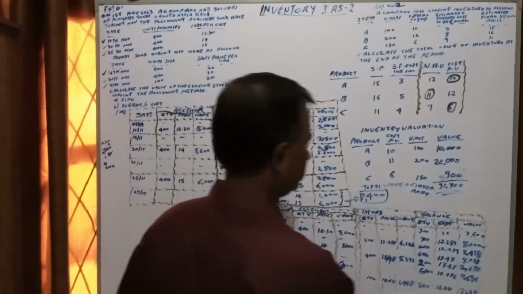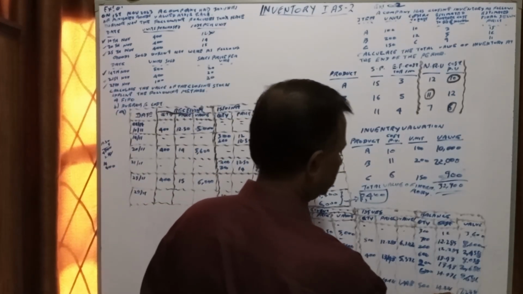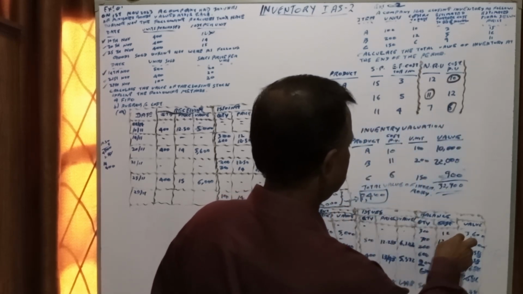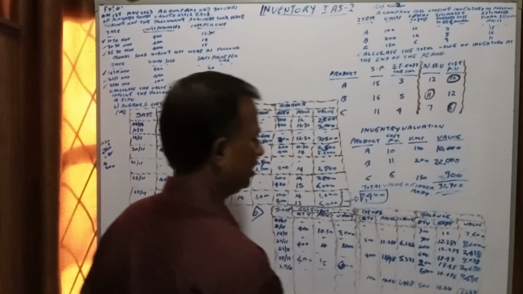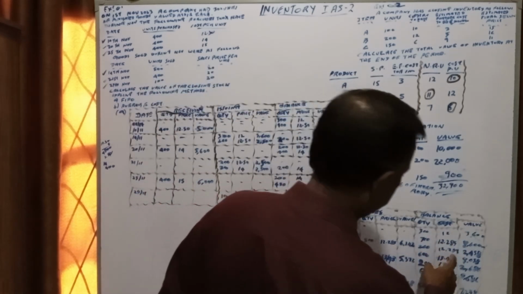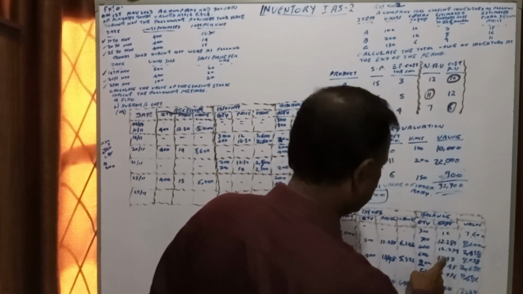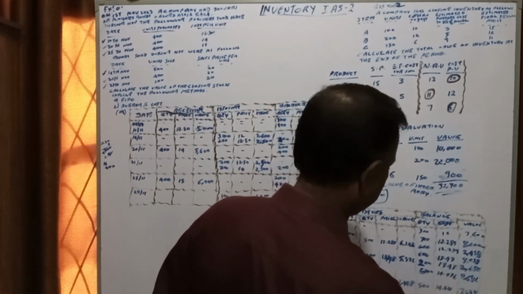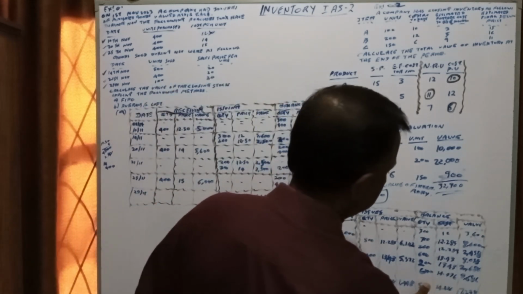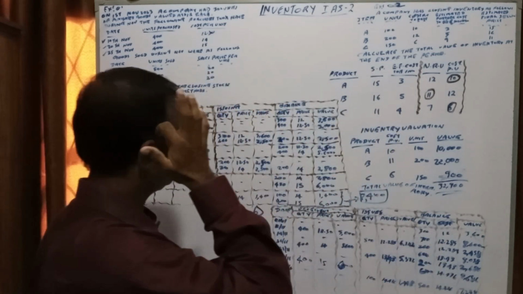At the beginning the cost price is 12. Thereafter it came to 12.285, then 13.43, then 13.43, then 14.476, and at the last this is the average cost price.